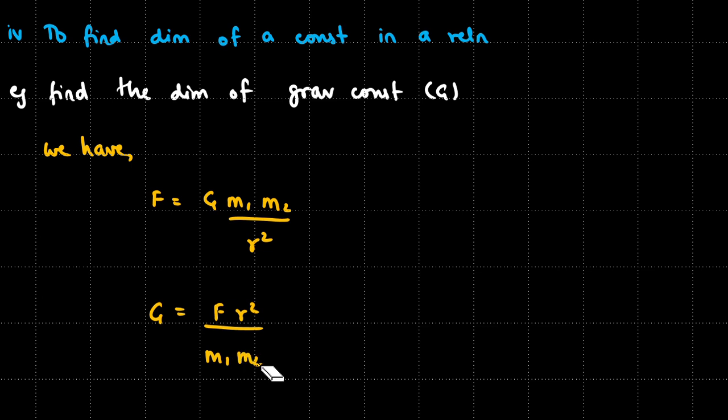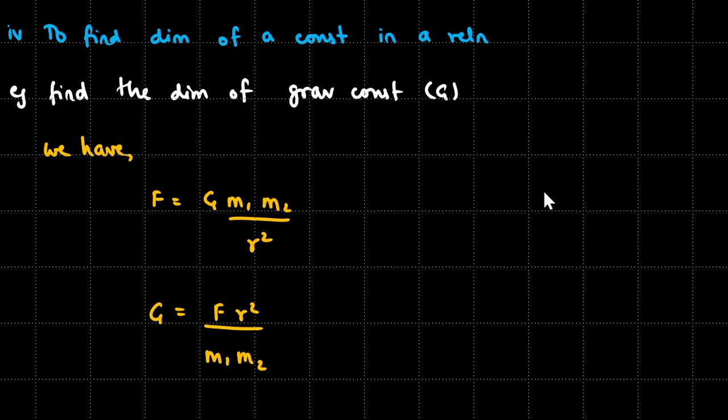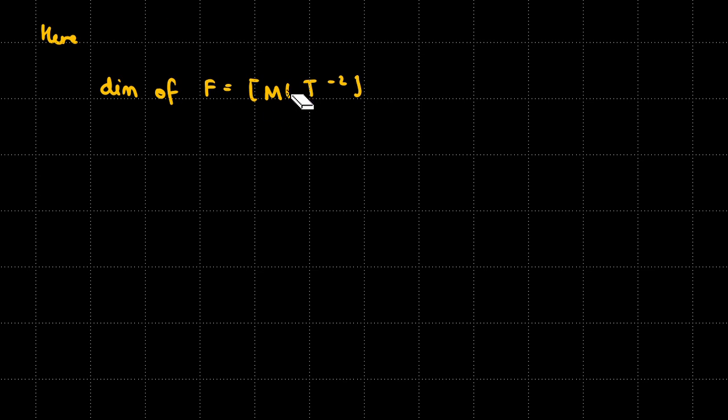So now let's do some dimensional analysis, shall we? Here the dimension of F is MLT minus 2.